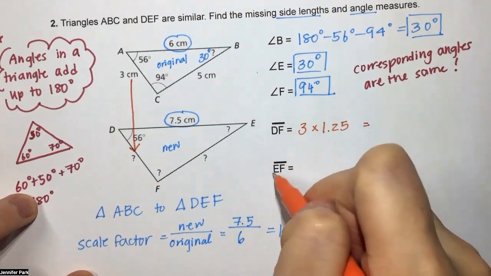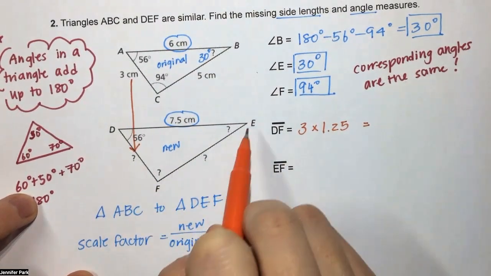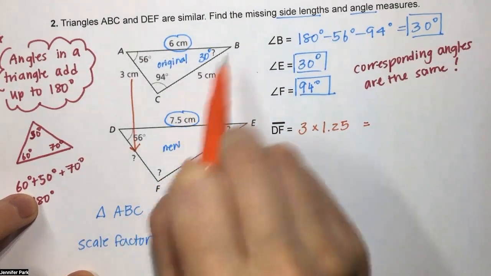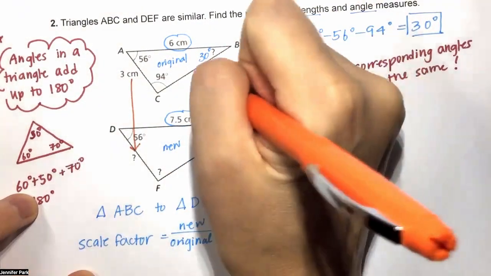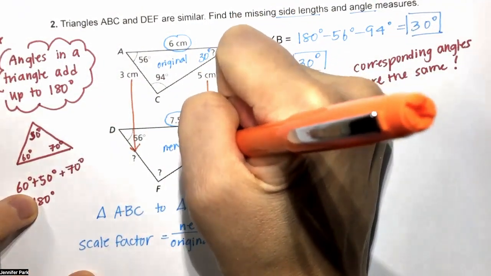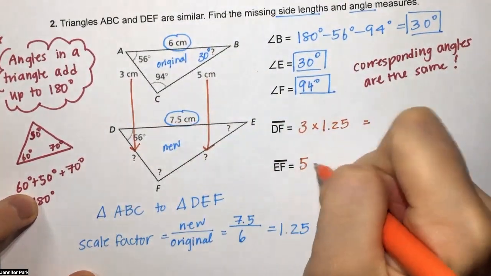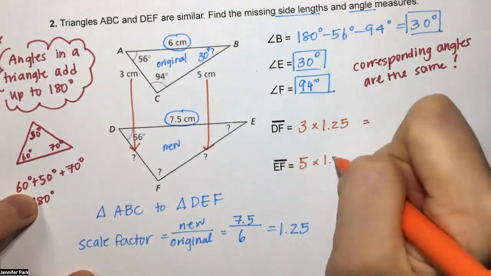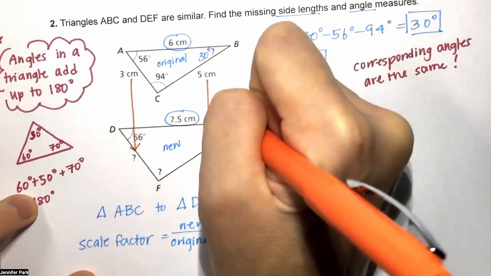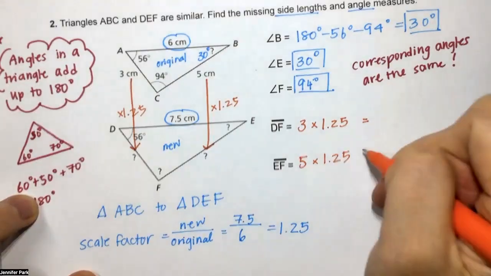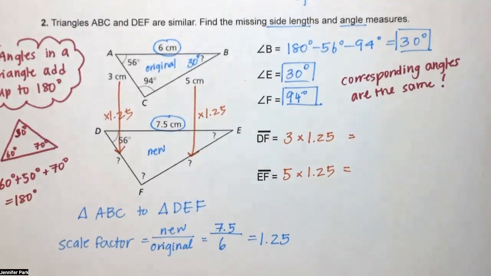And then now EF. EF is the longer version of BC. So draw an arrow. EF is going to be 5 times the scale factor 1.25. Everything's just being multiplied by 1.25. And then whatever you get from the calculator, that's going to be the answer.